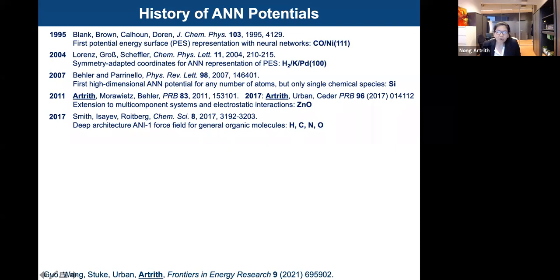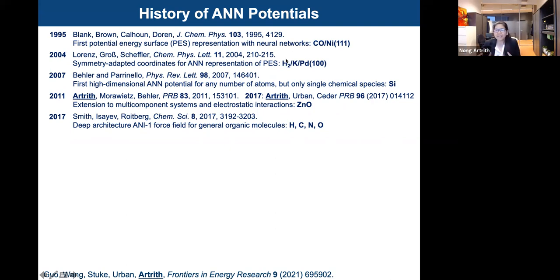As you can see here, already in 1995, Doren showed in JCP the first potential energy surface of a complex system with a neural network, for example, nickel (100) and CO molecules. And then in 2004, the Scheffler group discussed in Chemical Physics Letters a potential energy surface based on neural networks for palladium (100) with potassium and hydrogen molecules.